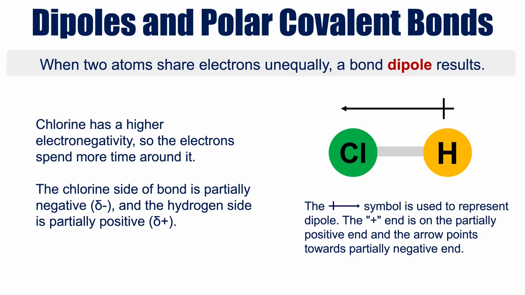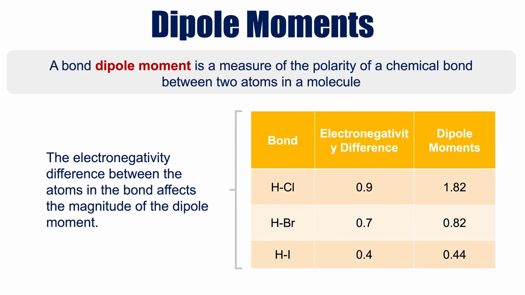Between chlorine and hydrogen, at the end of the bond that's partially positive, we draw what looks like a plus sign, and then we draw an arrow going towards the side of the bond that's partially negative. So in a polar covalent bond, you have a dipole being formed where one end of the bond is partially positive and the other end is partially negative.